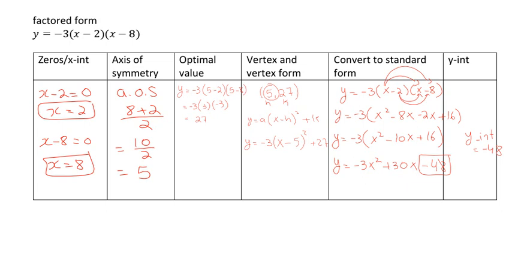That's everything we've been learning since the beginning of the semester, in one thing. Right? You need to understand what each form tells you. If you don't understand that, you're gonna be lost.